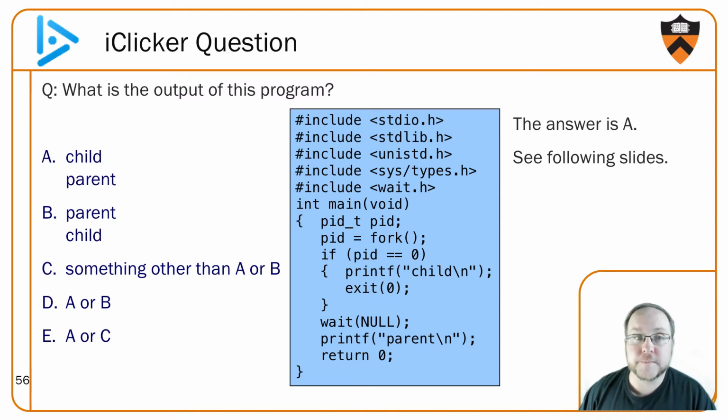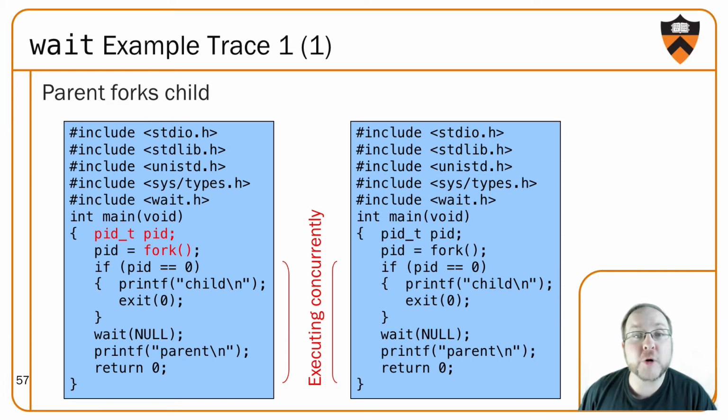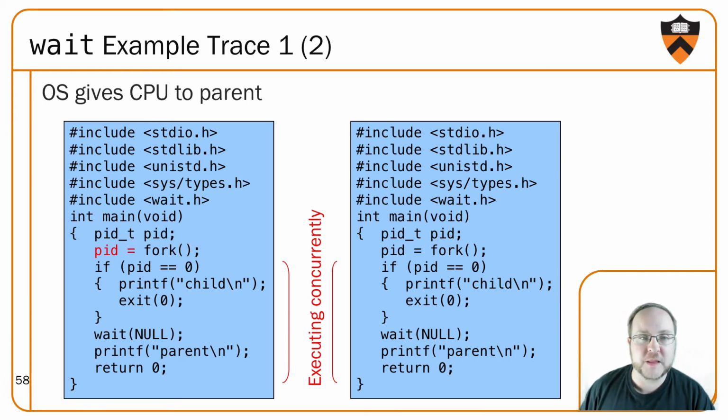Let's trace. The parent forks and we have two processes running. Let's first consider that the parent is chosen to run first. We skip over the consequent and go to the implicit alternative, since the consequent exits. But the parent doesn't take advantage of being called first, and it asks the OS to put it on ice until the child terminates. So the child starts running back at the return from fork.